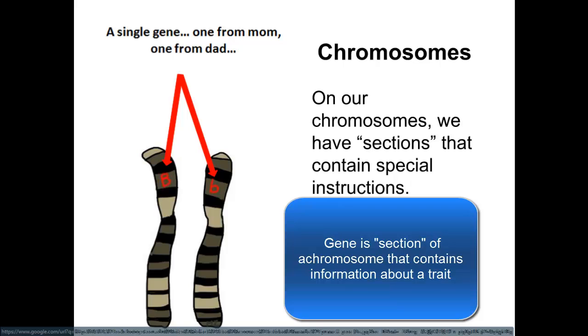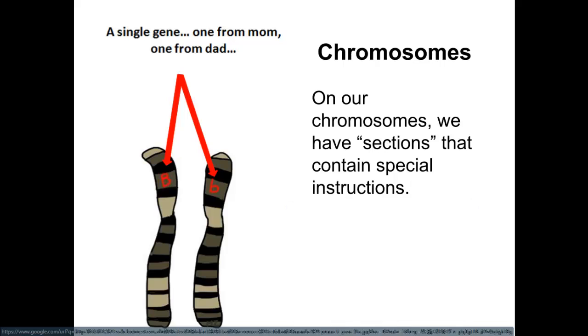So the whole chromosome itself doesn't control just one trait, it controls many traits. As you can see here, the chromosome's kind of colored in bands, different shades of gray and black, to give you that idea that there are small sections of that chromosome or DNA that actually control and have the instructions for your trait. So let's say this one is talking about freckles.